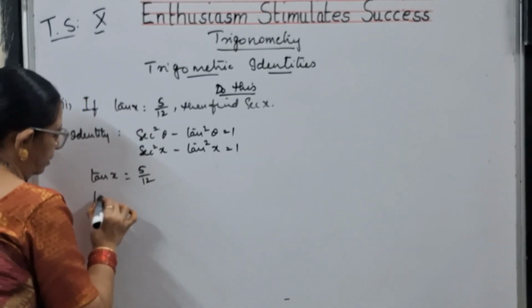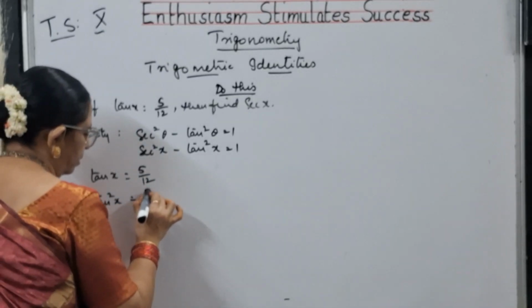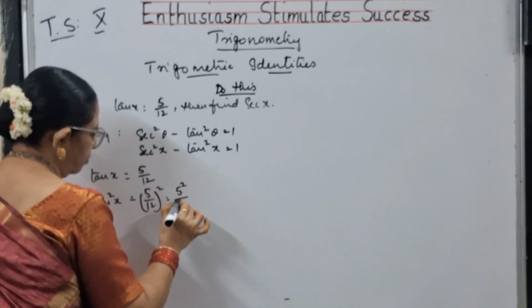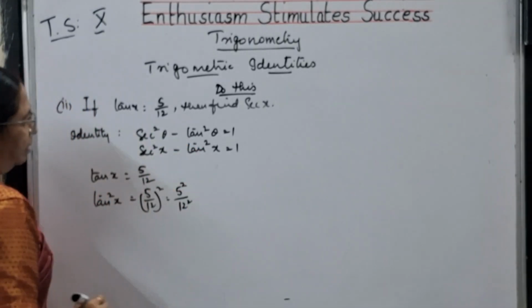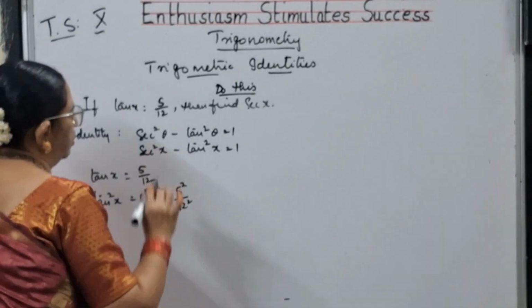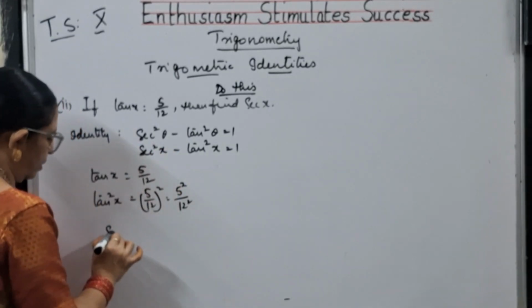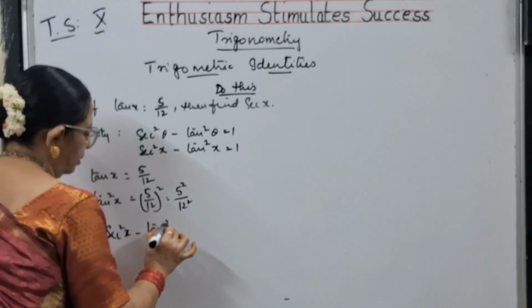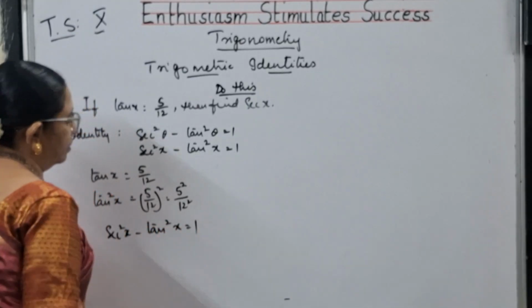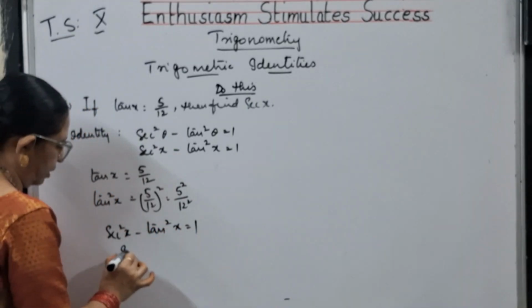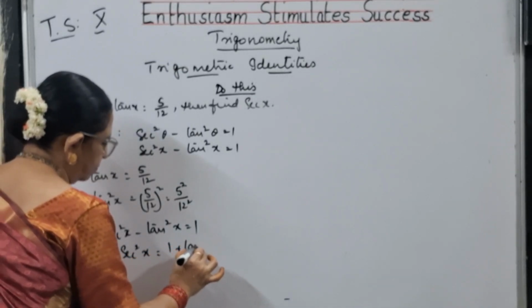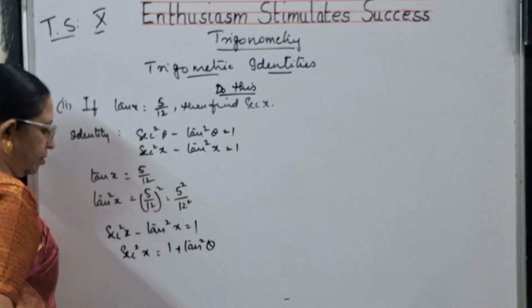So what is tan square x? 5 by 12 whole square, that is 5 square by 12 square. Now the problem is what, children? Secant square x minus tan square x is equal to 1 is the identity. You want secant x. Secant square x is 1 plus tan square x.